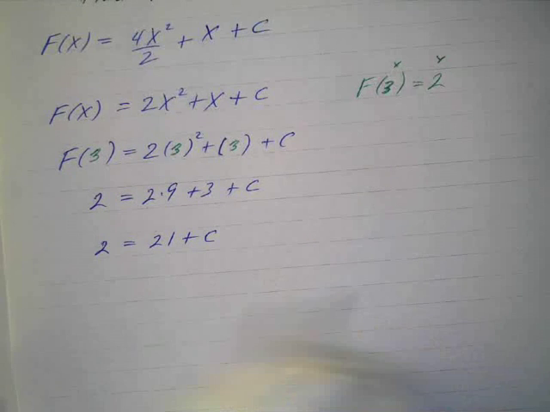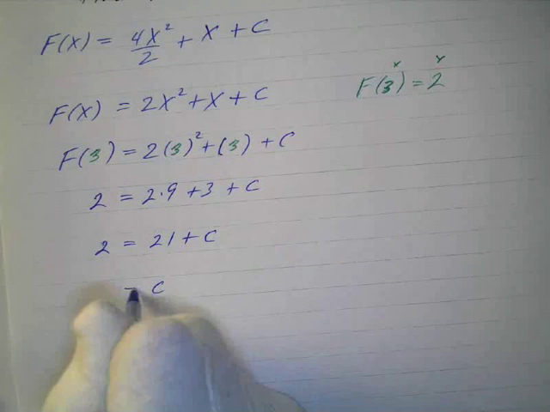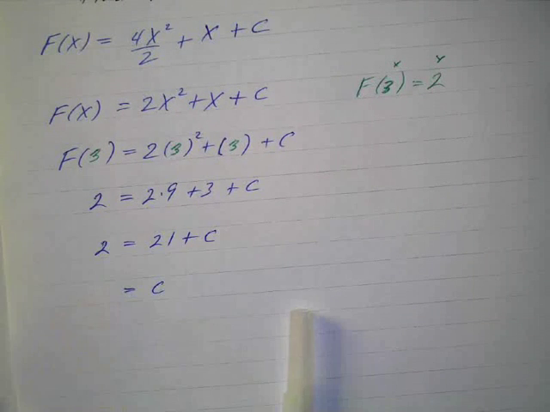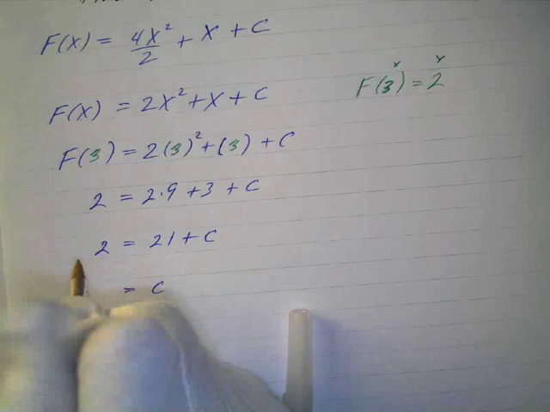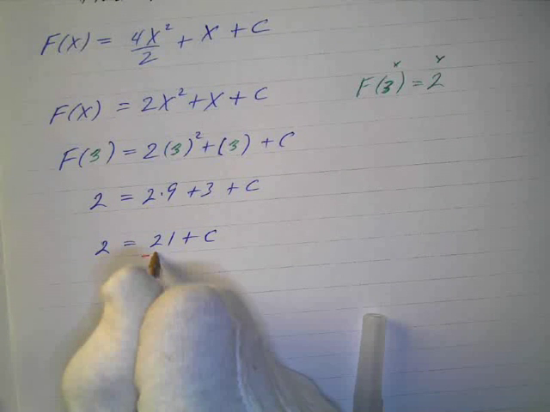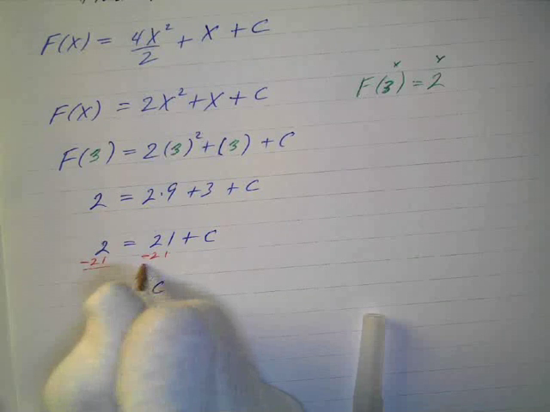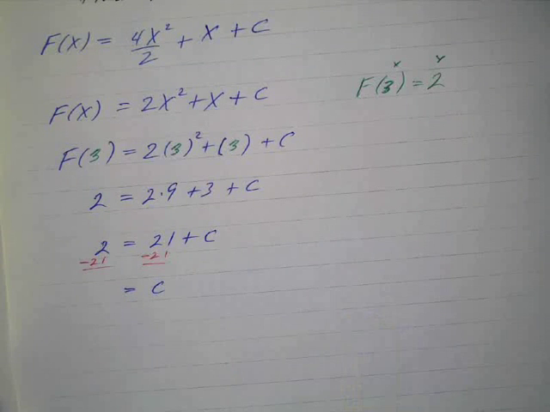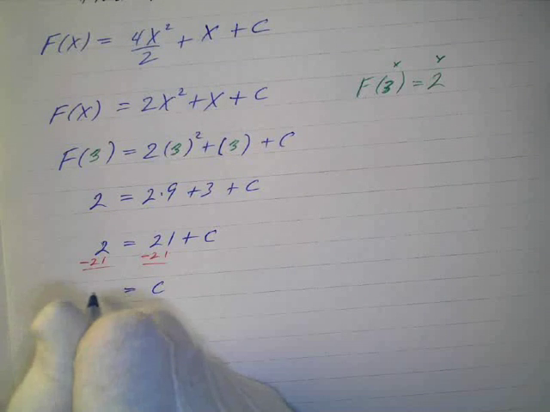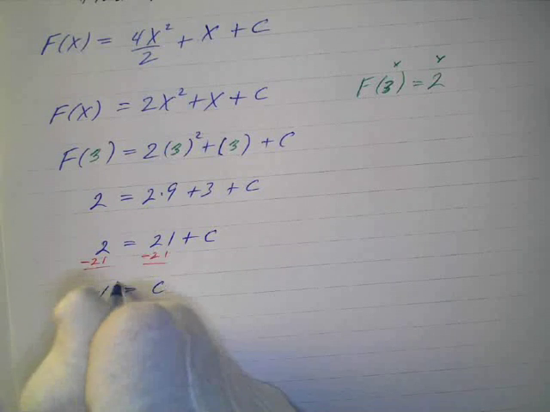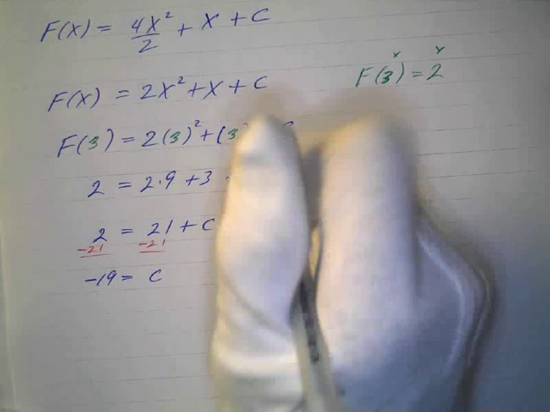So if I subtract 21 from both sides, I get c equals negative 19. I'm going to show you this, just have to be careful because sometimes people mess up on this simple little step. So now I can put this back in my function over here.